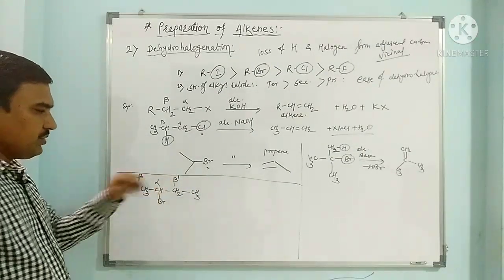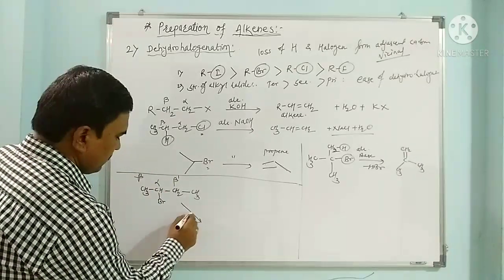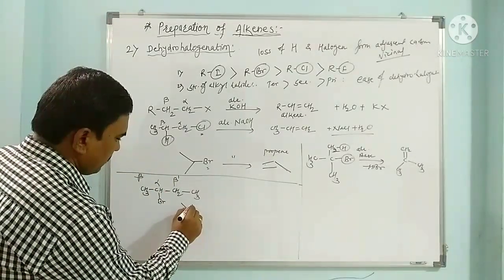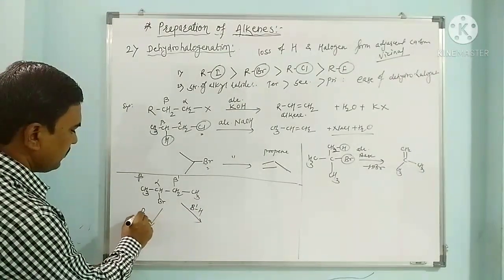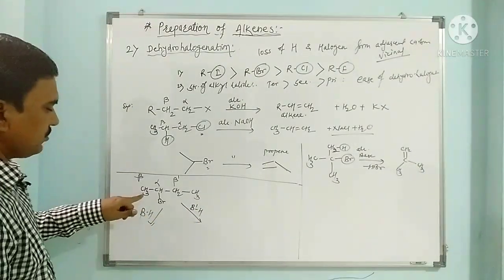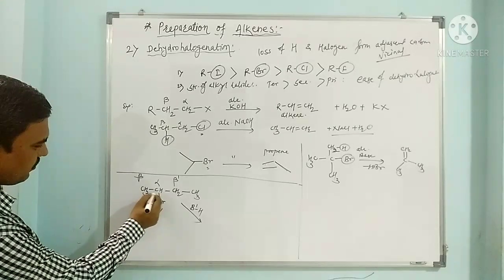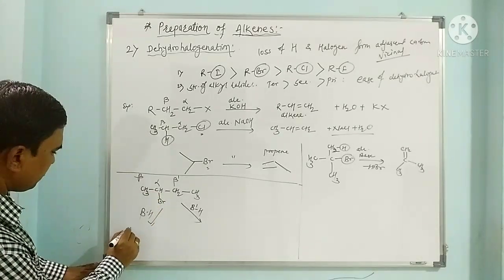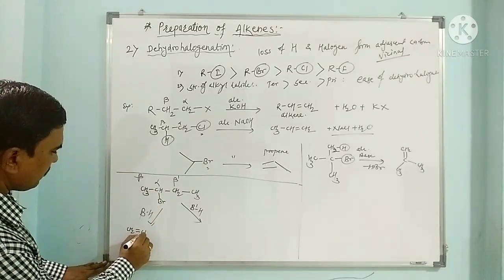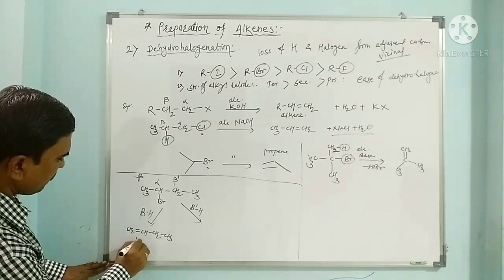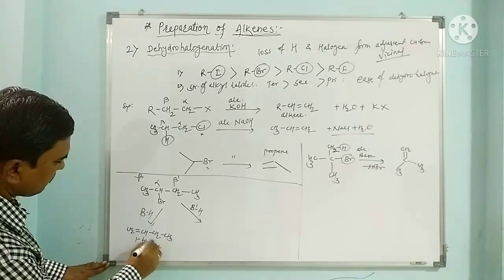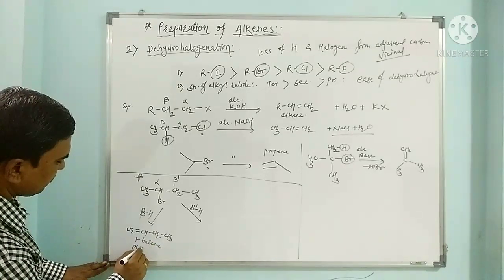When the proton is lost from beta dash carbon, that is beta dash hydrogen, and the halogen from alpha, we get a double bond between alpha and beta dash, that is CH2 double bond CH, CH2, CH3. So this is 1-butene, this is the minor one.